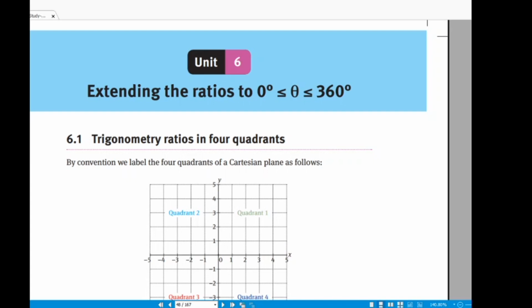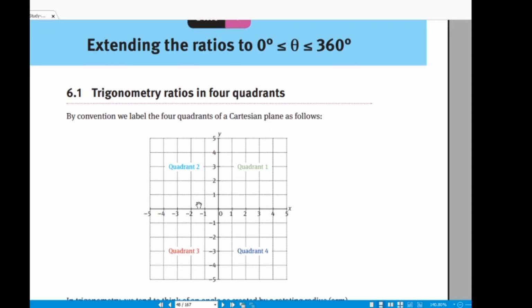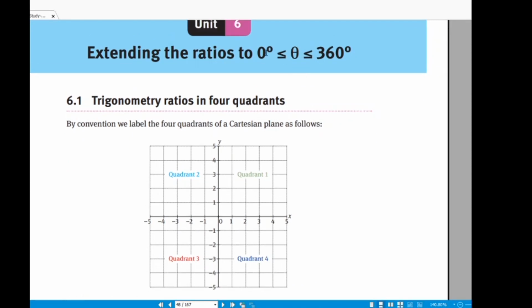So now, in today's lesson we are trying to define the trigonometric ratios sine, cos, and tan for angles that are between 0 and 360 degrees.